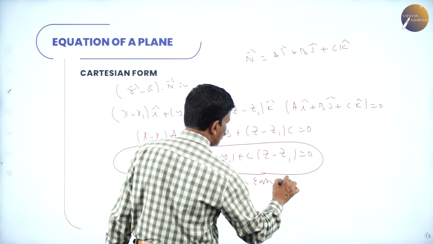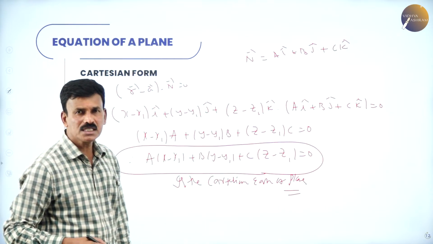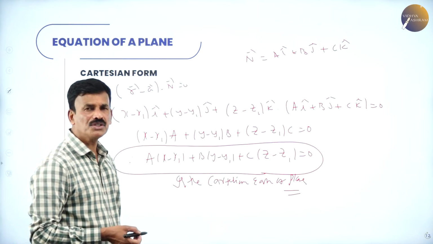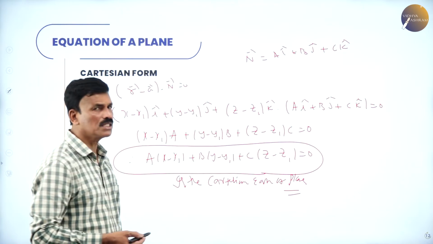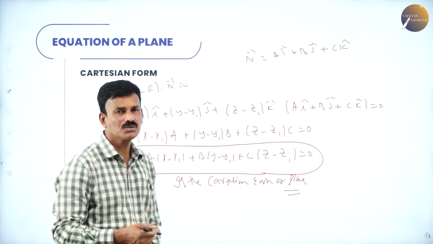So the vector equation is (r minus a) dot n equal to 0, and the Cartesian equation of the plane is a(x minus x1) plus b(y minus y1) plus c(z minus z1) equal to 0. Very simple.